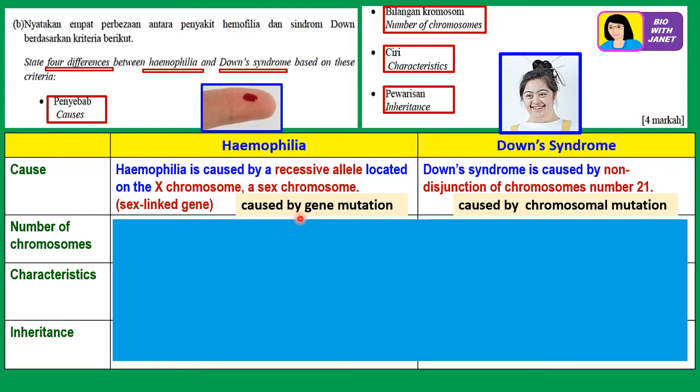For hemophilia, what we mean by gene mutation is that the allele is formed because of abnormal changes to the base sequence in the DNA of this allele, changes to the base sequence like adenine, thymine, guanine, or cytosine in the DNA structure. Right, so what are the other 3 differences based on these aspects?